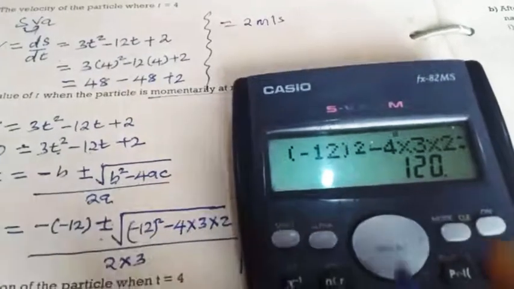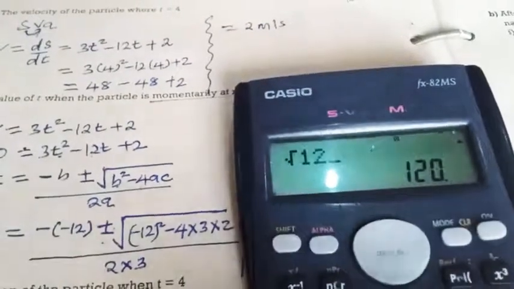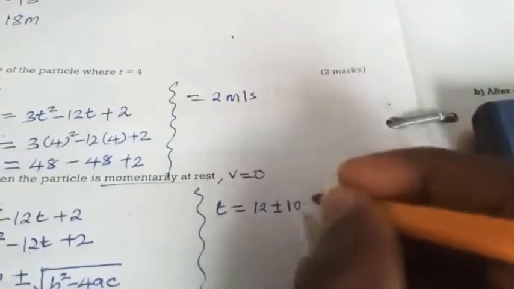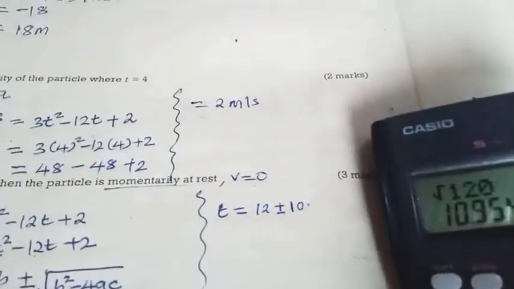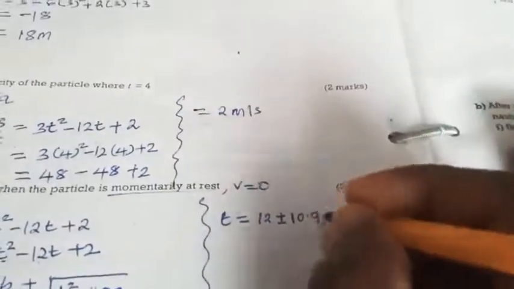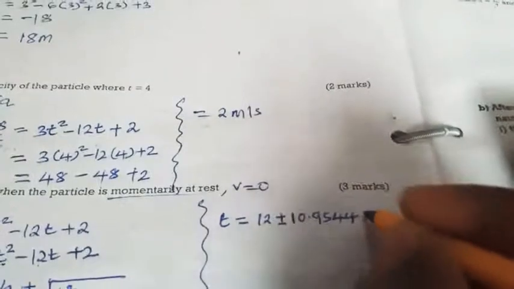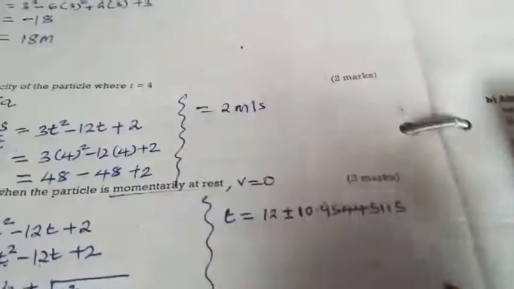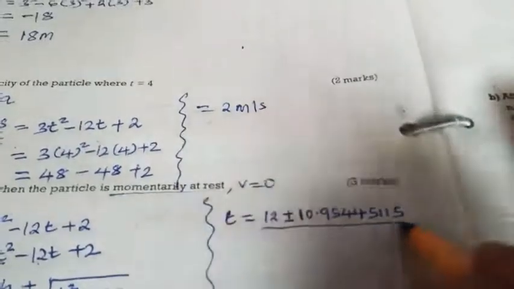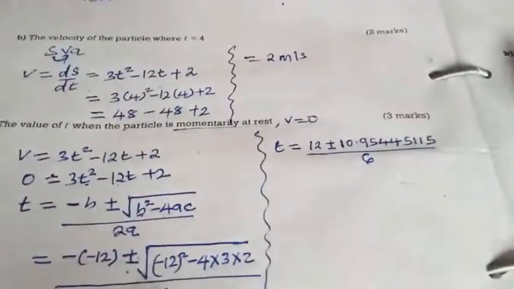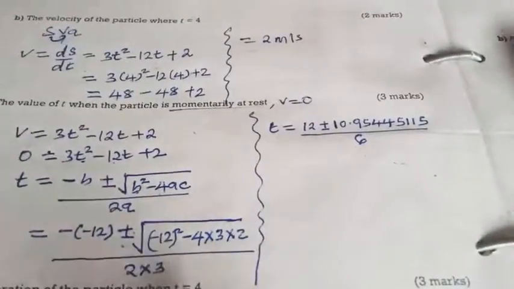So the square root of 120 is going to be 10.95445115. All over 2a, which is 6. This one is 2 times 3, 6.